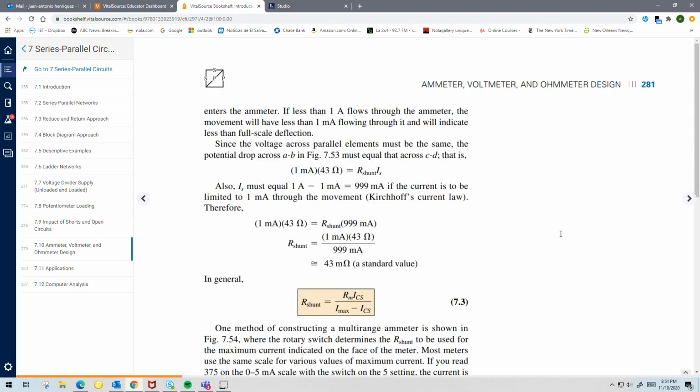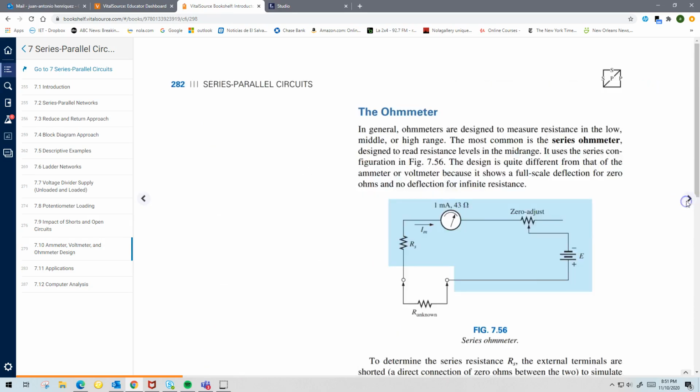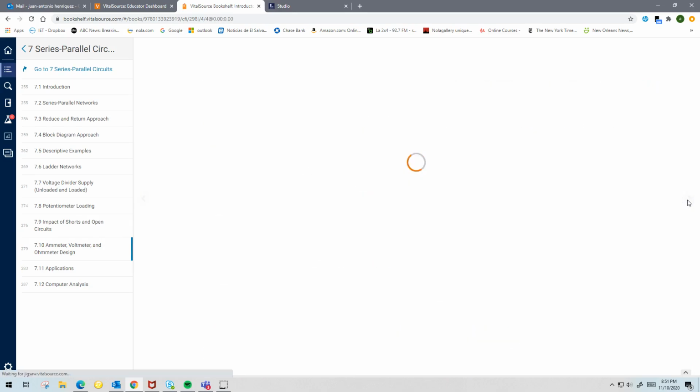All right, and I think that's all I have. I'm not going to go over this section 7.10. You can ignore that. But again, as you notice here, this chapter has really been a review, if you will, putting everything together that you already know in order to solve more complicated circuits.